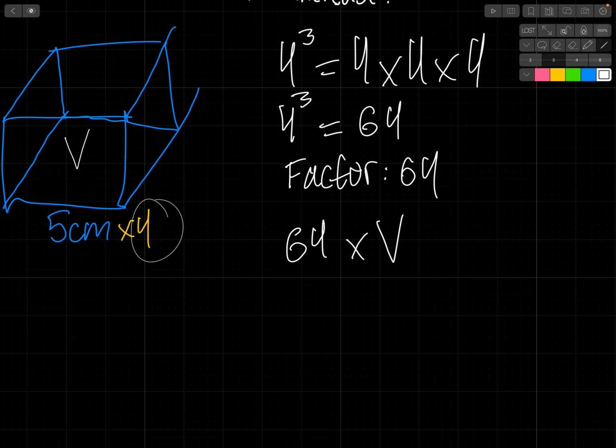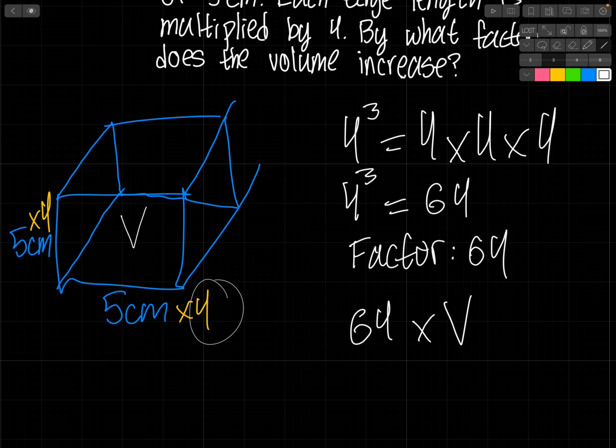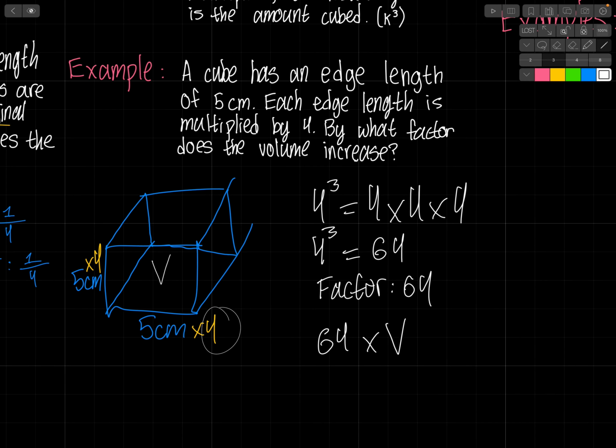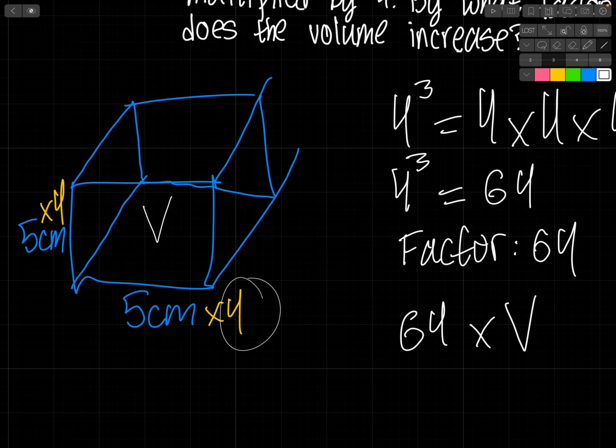So essentially, the new cube's volume is 64 times bigger than the original cube's volume. So when an edge's length is quadrupled, the new volume will be 64 times bigger than the original volume.